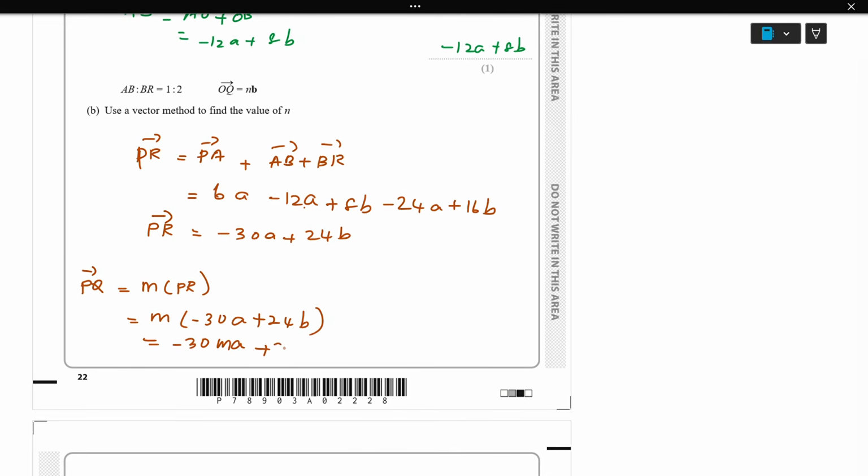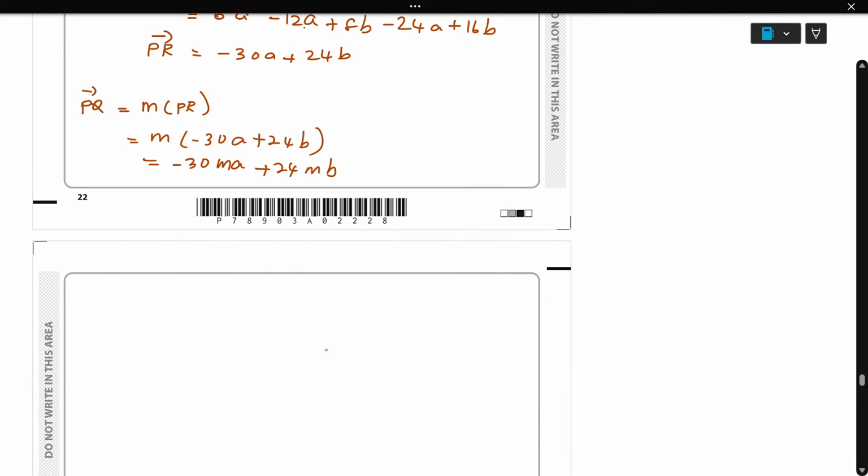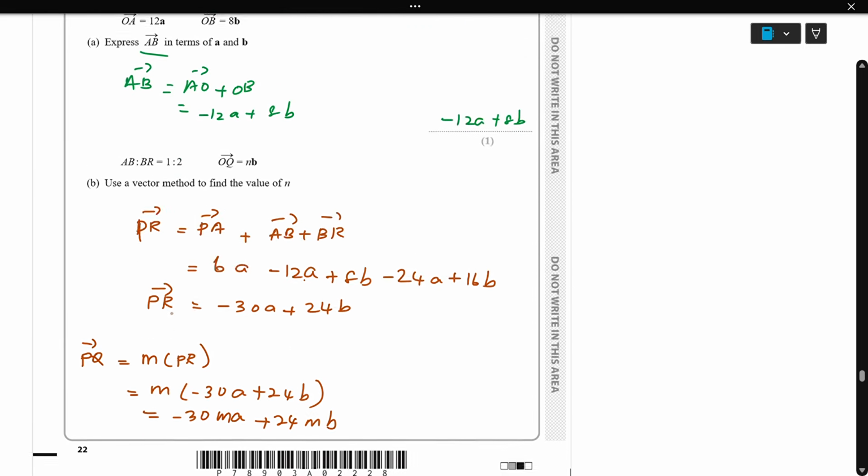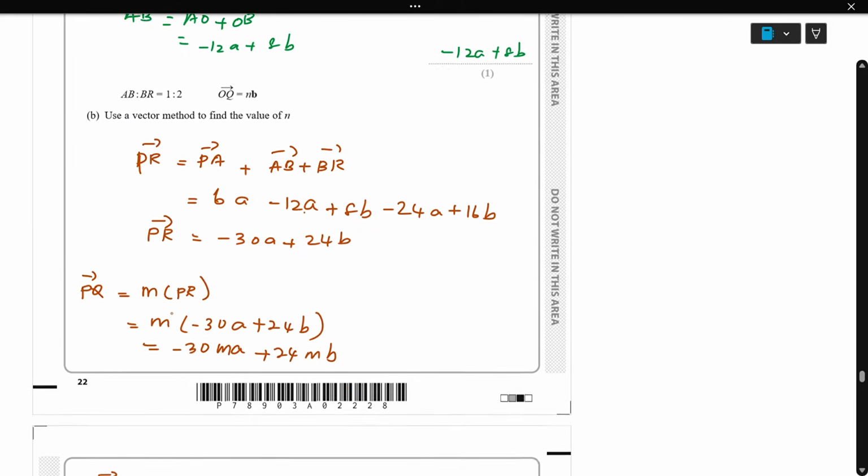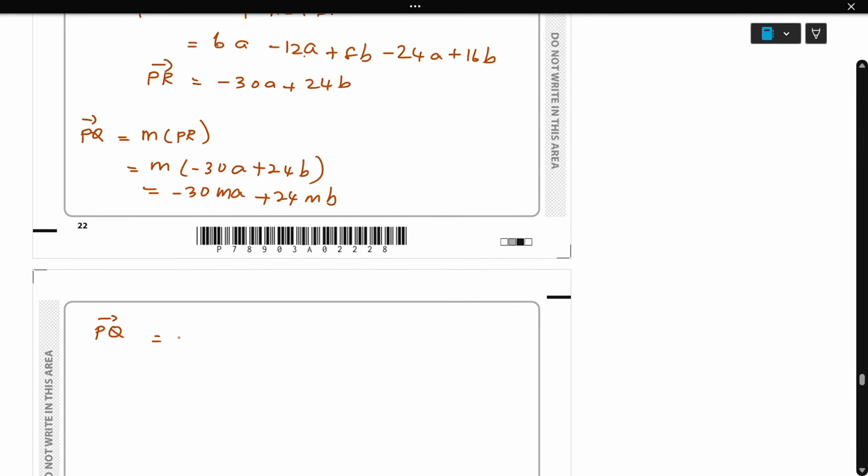So I'm taking PQ equal to, already we took n, so m into PR. So m into PR, already given, minus 30A plus 24B. So when we multiply, minus 30mA plus 24mB.